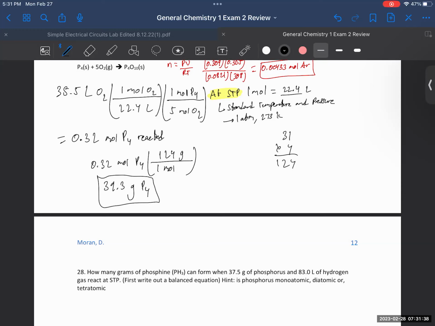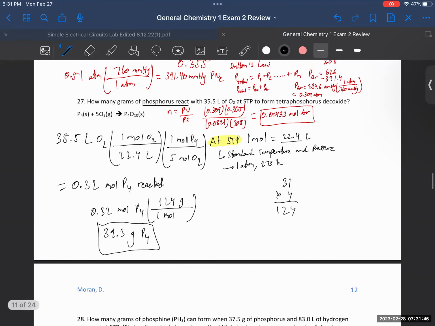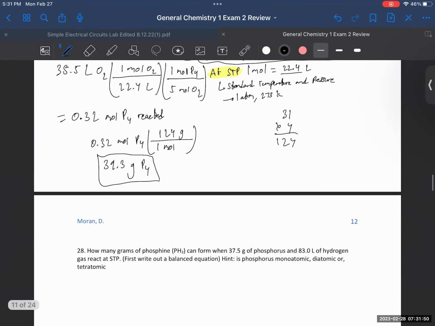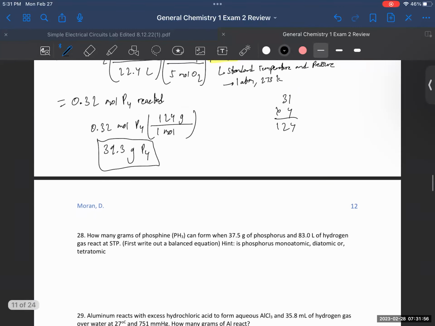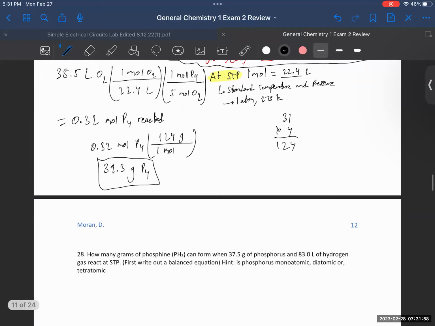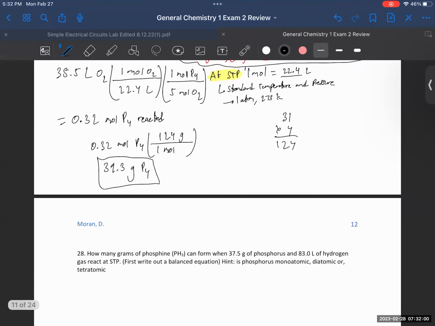What equation did I convert to from PV = nRT? So for this problem, or for the last problem, all I did was use a relationship you have to memorize, or if you memorize it, it makes your life easier. So 1 mole is equal to 22.4 liters.